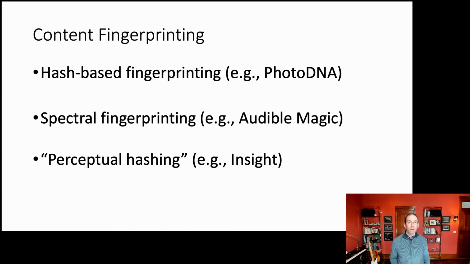Spectral fingerprinting, that takes a fingerprint of some analog aspect of the information, such as tones or frequencies in an audio file. And perceptual hashing, which is like a hash except has the quality that two similar pieces of input generate two similar hashes.